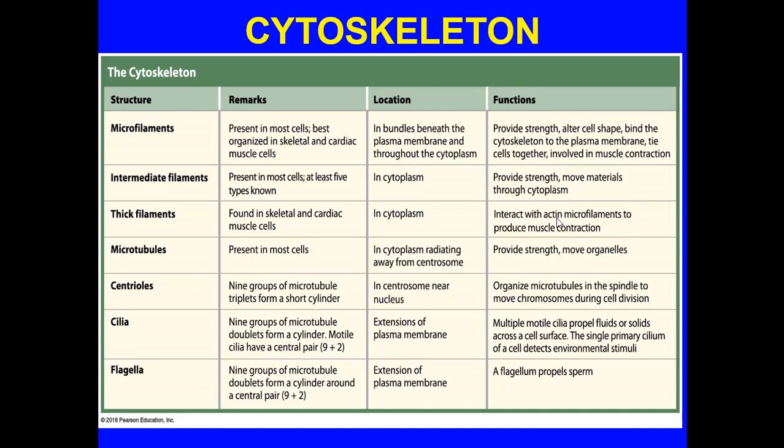At the base of the flagella, on the inside of the plasma membrane, you're going to have, again, 9 groups of microtubule doublets that form this cylinder around the central pair, a 9+2 arrangement. The flagella is well known as being the propulsion vehicle or the propeller. It's not really rotating, but it whips back and forth, and it's the mechanism that allows sperm cells to move through fluid mediums.